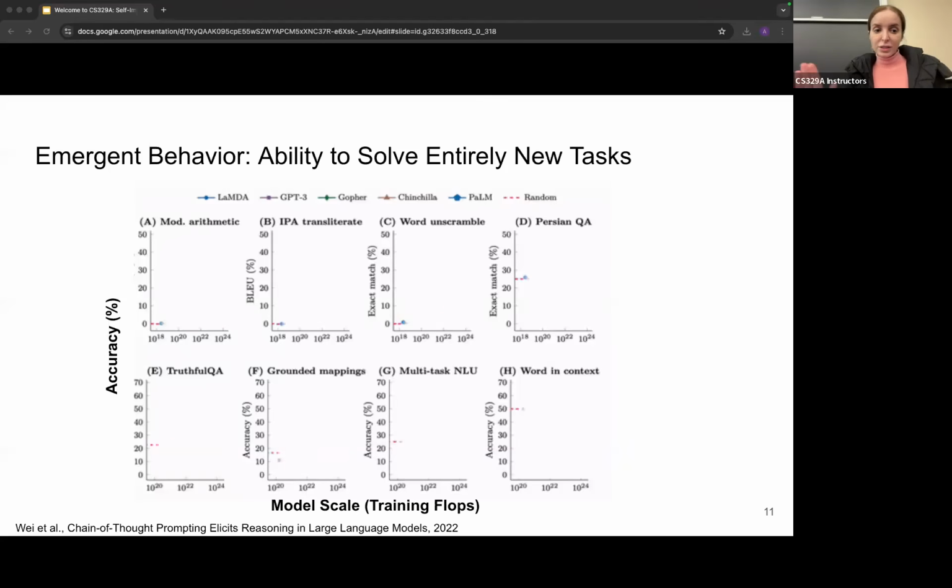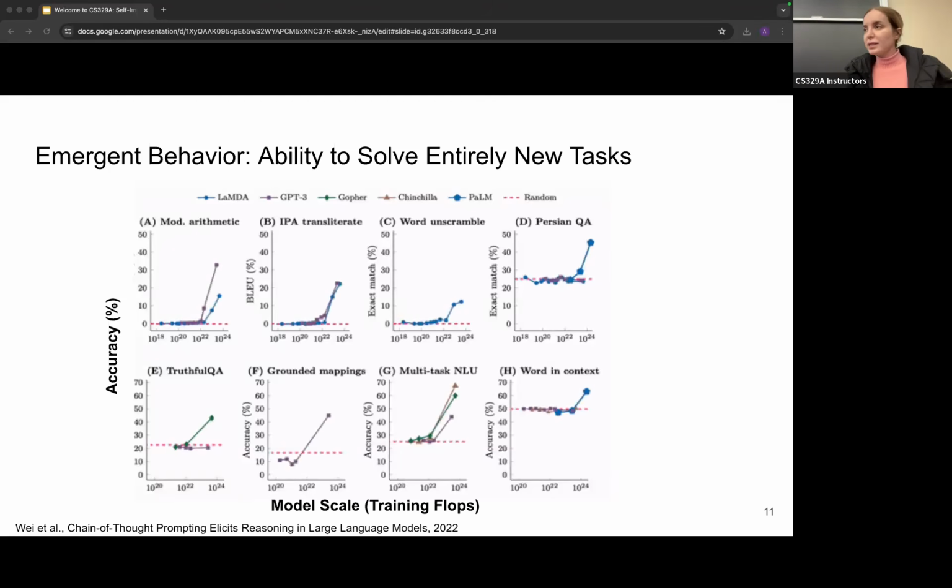Another emerging behavior for the language models is their ability to solve entirely new tasks. So in this graph, you're seeing that for completely new types of tasks, like question answering in a different language, or like model arithmetics, these are tasks that, again, models are not specifically trained on, but they can generalize to that and they can solve that.